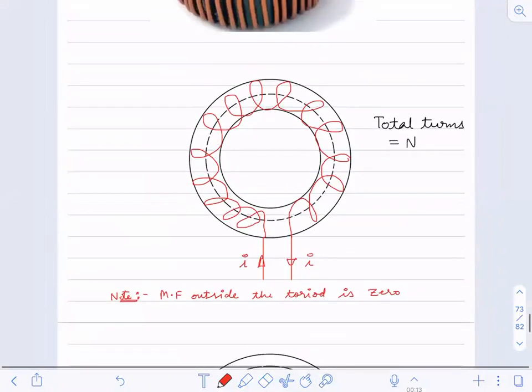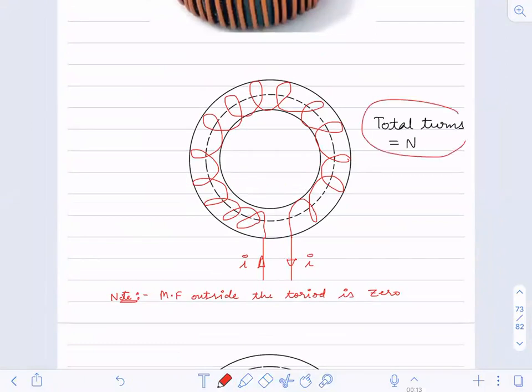Remember this capital N. What is this capital N? Capital N is the total number of turns. Here we are not taking a small n because this is end to end, so you can count the total number of turns over here. Capital N is the total number of turns on the coil.